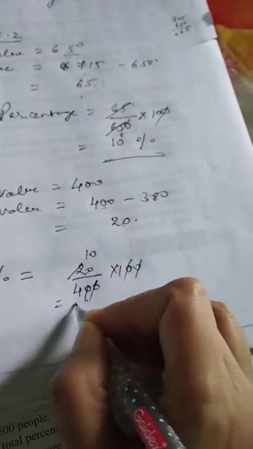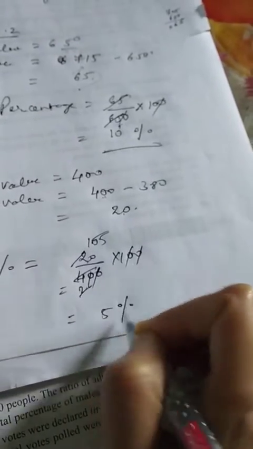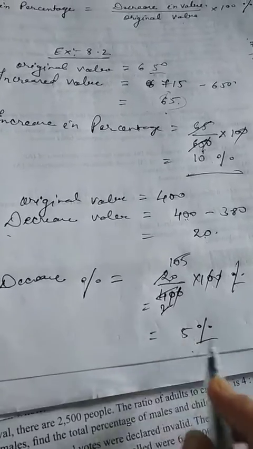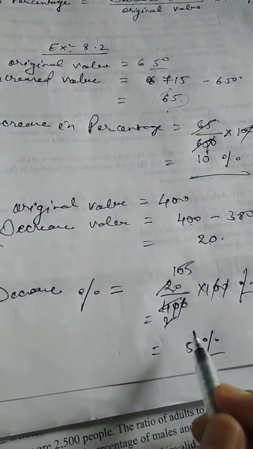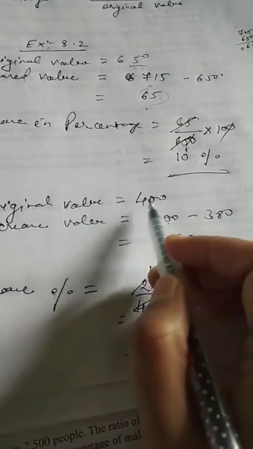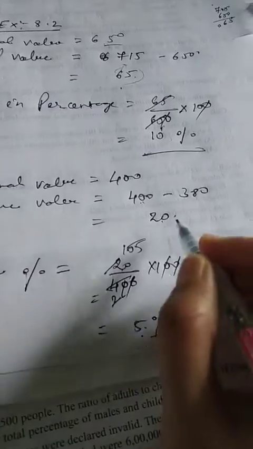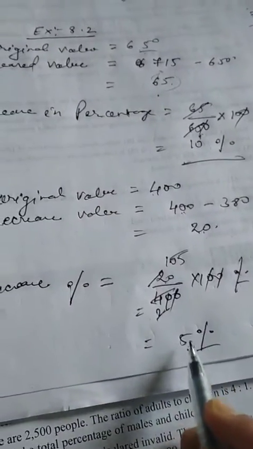Cancelling, we get the answer 5%. So 5% is the decreased percentage, and when we add back, 380 plus 20 is equal to 400.